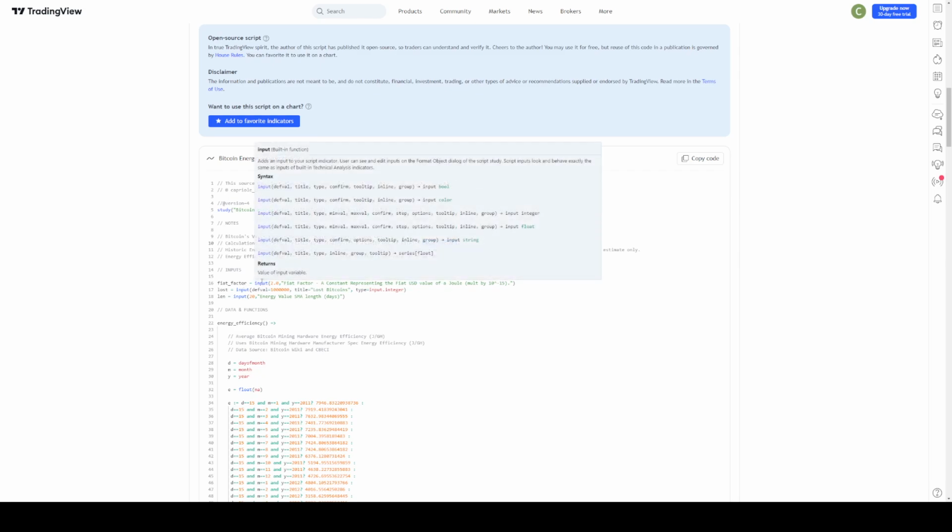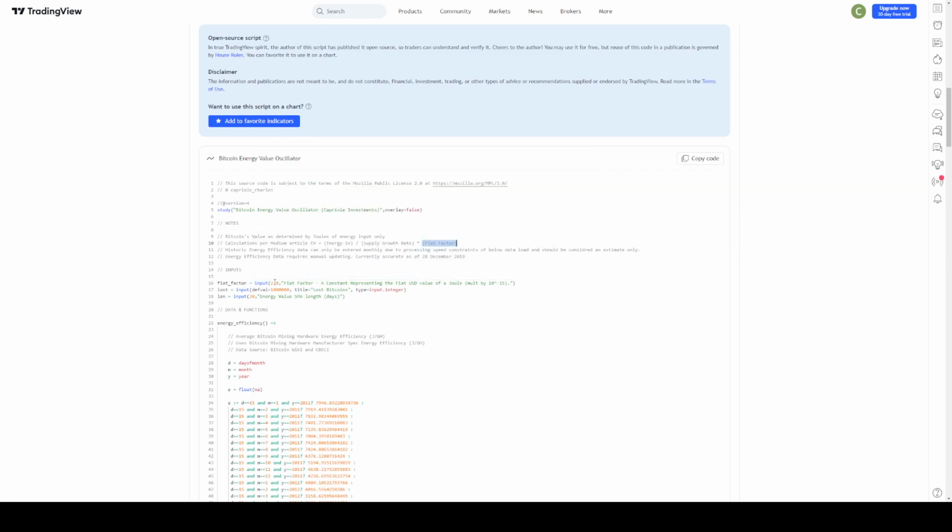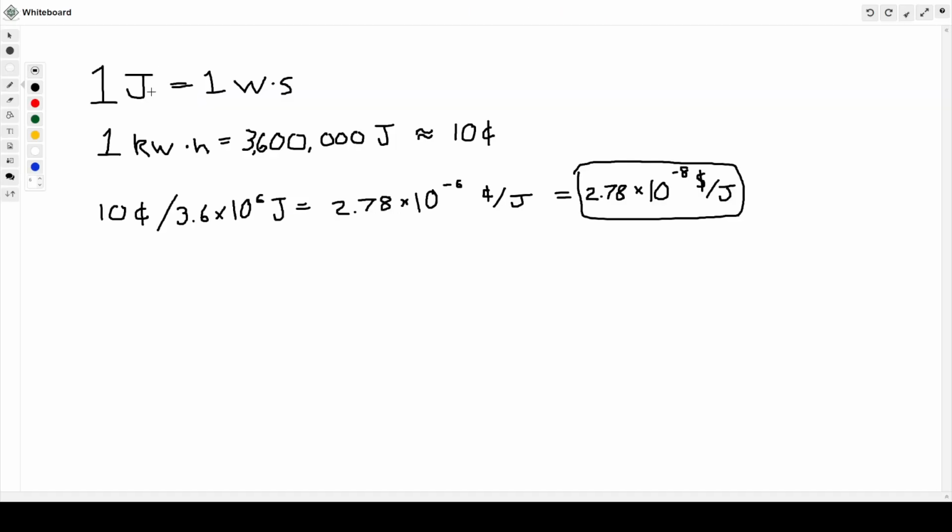So getting into this a little bit more, I'm actually not entirely sure where this 2.0 times 10 to the negative 15th value came in. I tried to work this out myself, and I was getting something more in line with 3 times 10 to the negative 8th dollars per joule of energy, where 1 joule of energy is 1 watt second, but we typically see this as kilowatt hours, which is about 3.6 million joules of energy in 1 kilowatt hour.